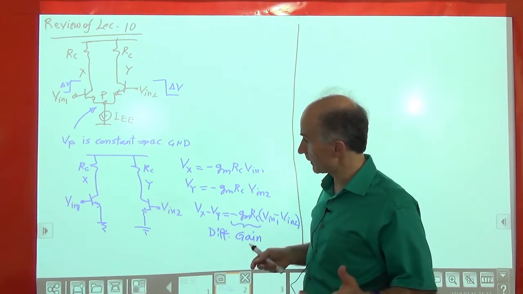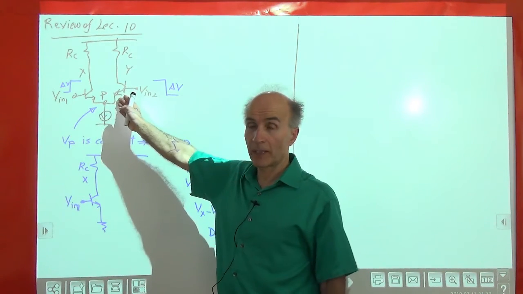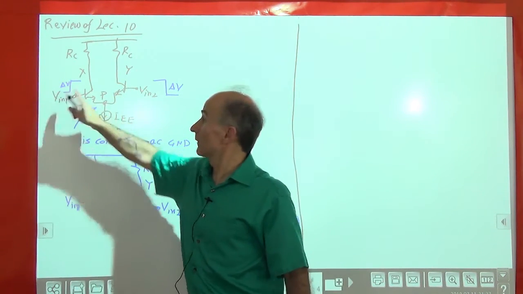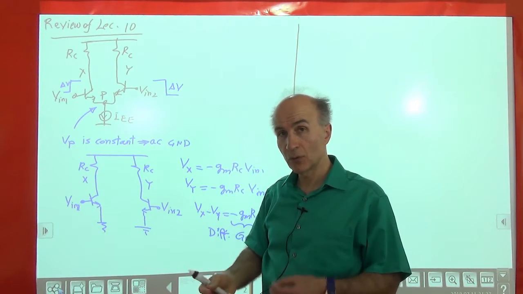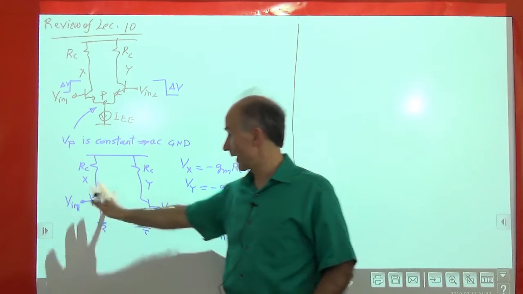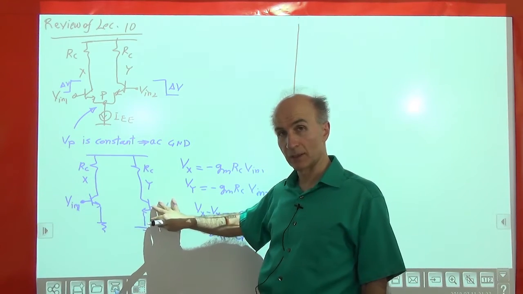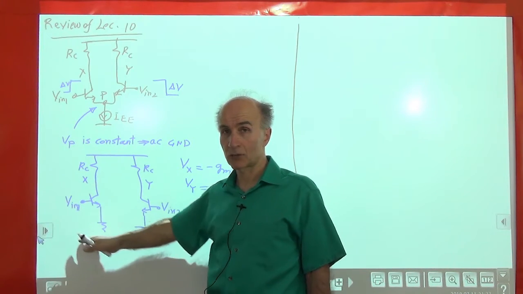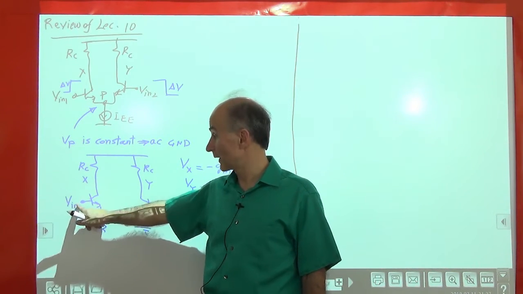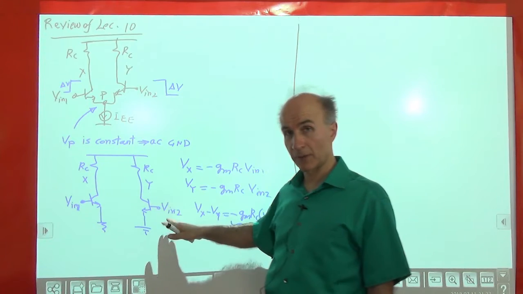All right, so then we saw that the differential pair for this type of input signal is turned into two half circuits. We have a half circuit here and a half circuit here. And these are pretty independent. So for this one, I can write a voltage gain from the input to the output, and same for this one.